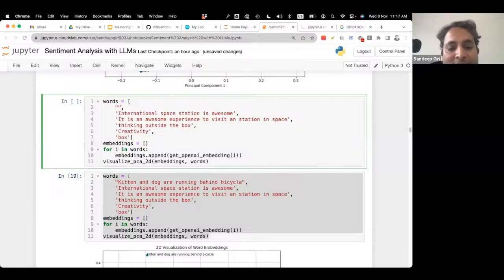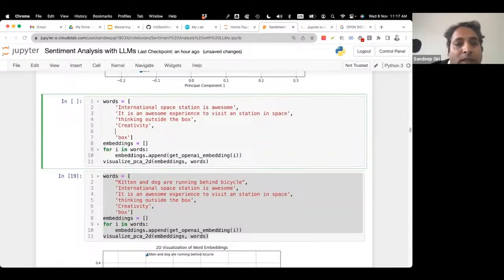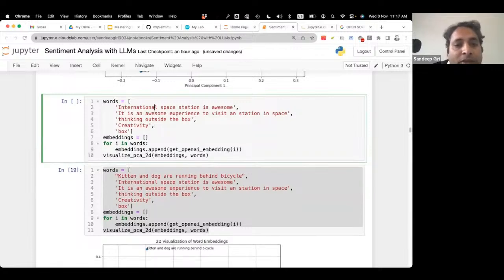Now let's say I'm removing these two. I said thinking outside the box.